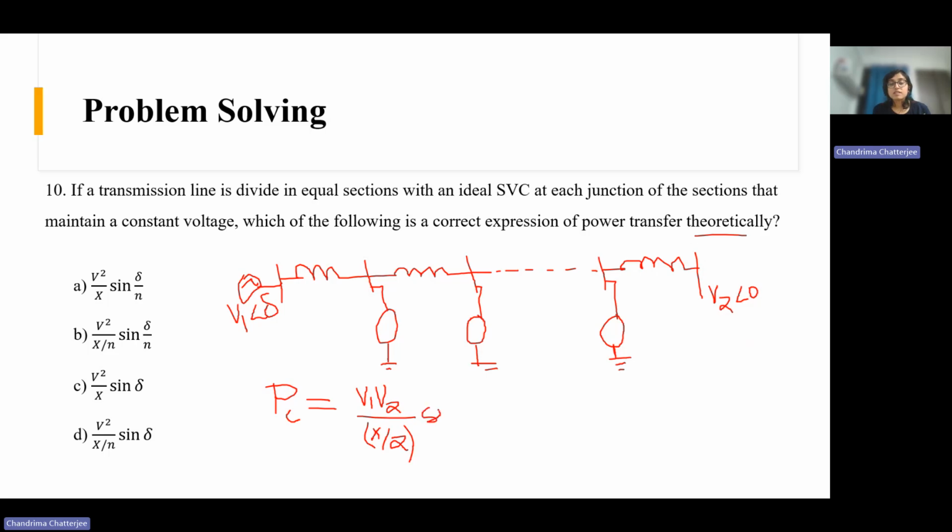And here it was sine delta by 2, right? This was the expression. So this became 2 V1 V2 by X sine delta by 2. Now you can find out for n sections. For n equal sections, the expression becomes, we can draw analogy from this one. So this becomes n V1 V2 by X sine delta by n. Okay. So this is X by n and this is delta by n.